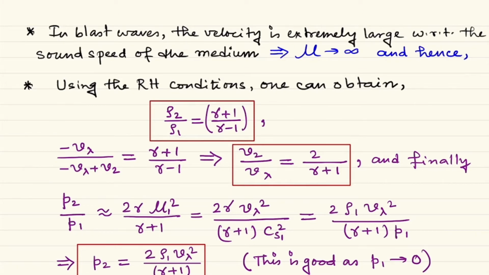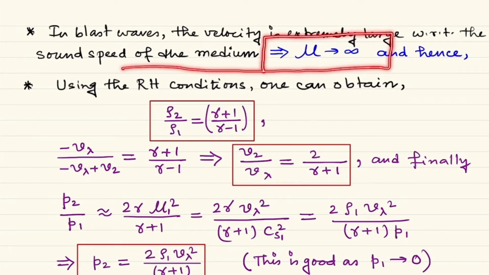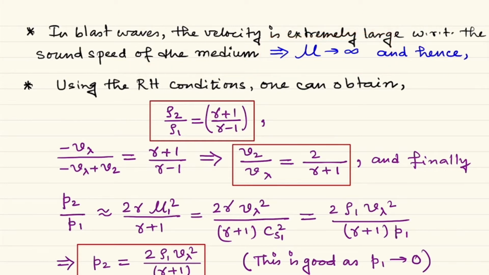However, for simplicity, here we are taking non-relativistic cases, but we are considering the system to have a very strong shock. That means the Mach number can reasonably be approximated as very large, as infinity. This condition is known as a strong shock condition.